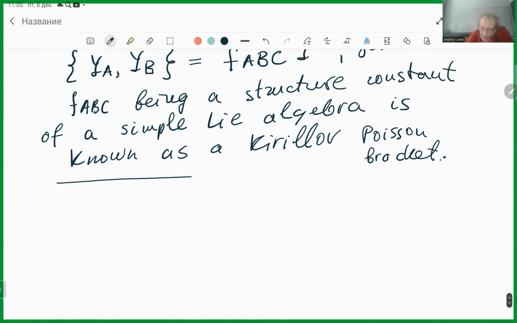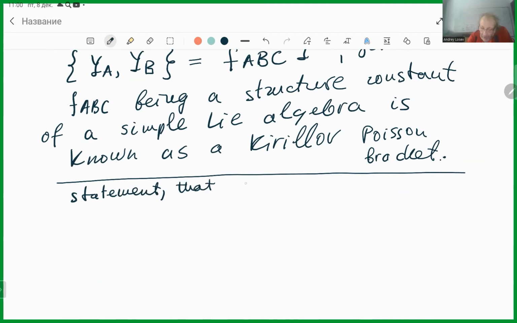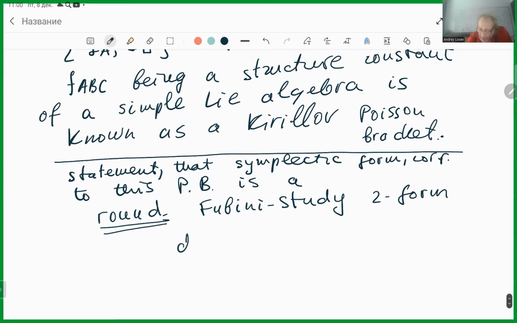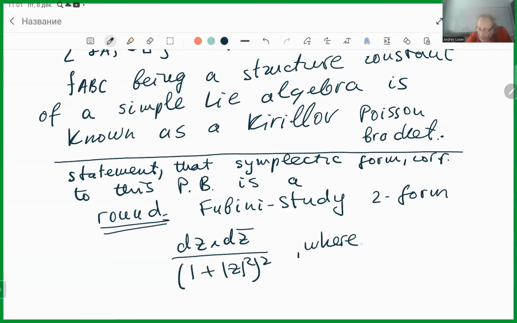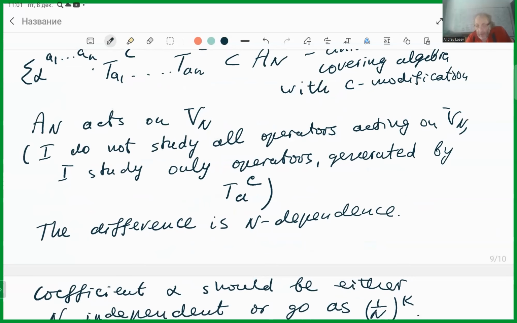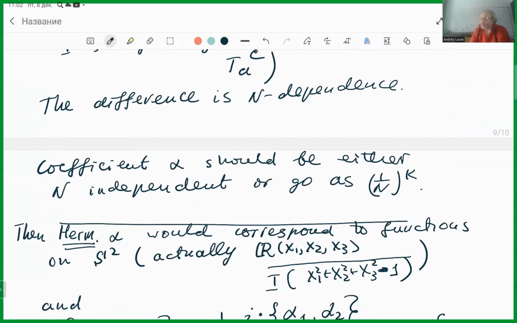And here I will present without proof the statement that the symplectic form corresponding to this Poissonian bracket is a round Fubini-Study 2-form, that people know as dz d z-bar over (1 plus |z| squared) squared, where S2 is C and infinity, and z is a standard coordinate on C. That's why the system that I described, the system of Vn and operators acting there, is also known as a fuzzy sphere.